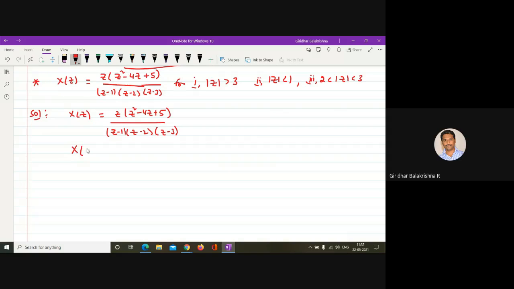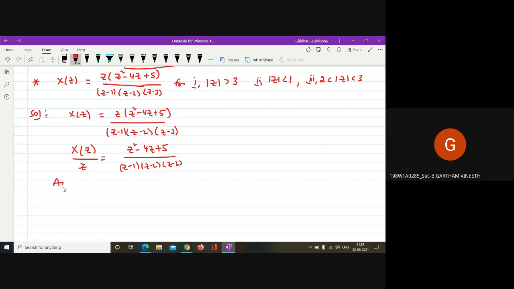Next, what is the second step? Represent x of z by z. So if you shift this to left side, the remaining part is z square minus 4z plus 5 by z minus 1, z minus 2, z minus 3. Okay, now after representing x of z by z, what we need to do? Then apply partial fractions.